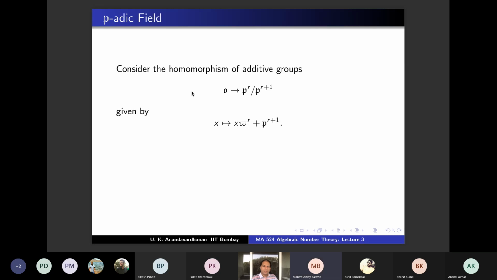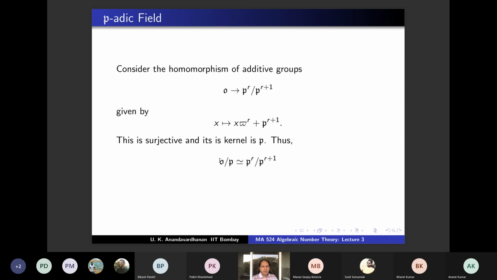Yes, because you want x pi power r to be in p power r plus 1. So x in p will do. Okay, so the kernel is p. So this is surjective and its kernel is p. And therefore by the basic isomorphism theorem, O by p is isomorphic to p power r by p power r plus 1 as what? As additive groups, as a group.